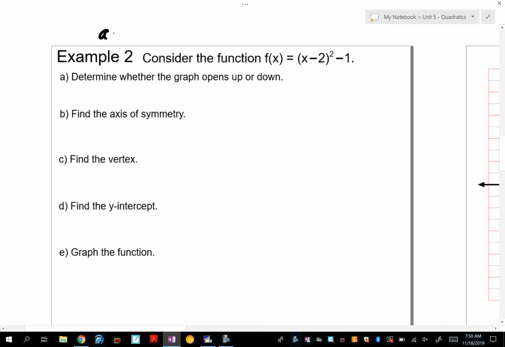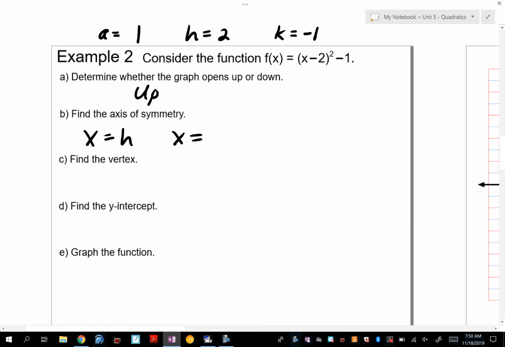So what is A in example 2? It is 1. What is H? Be careful. Very good, +2. And what is K? -1. Now, is this going to open up or down? Up. A is +1, so it's going to open up. What is the axis of symmetry?